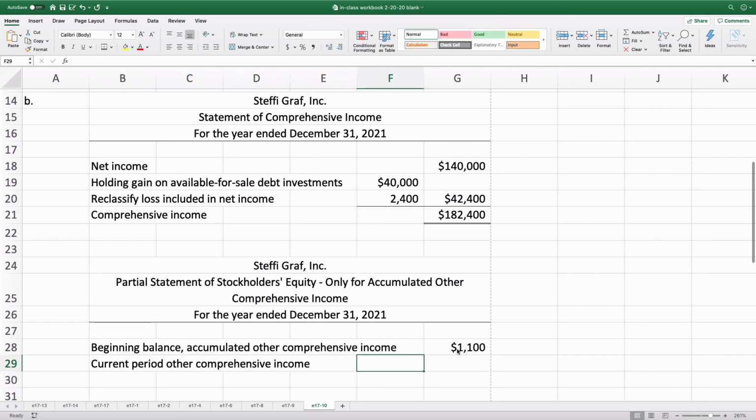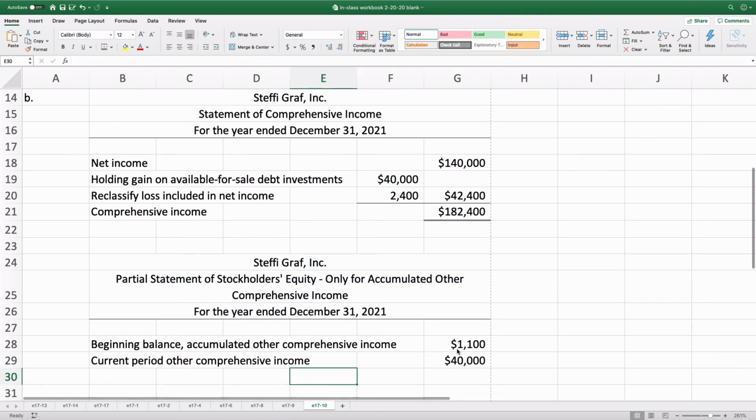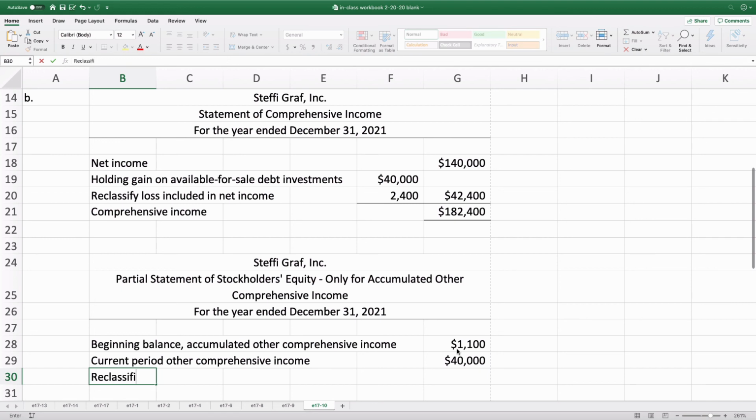And that's going to be the 40,000. And then we're going to have reclassification, and that's reclassification from other comprehensive income to income.